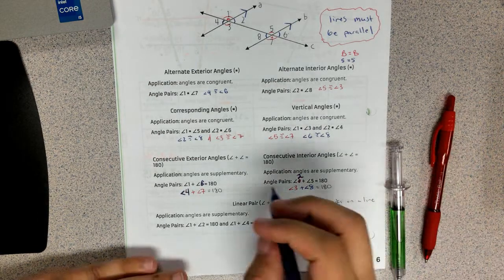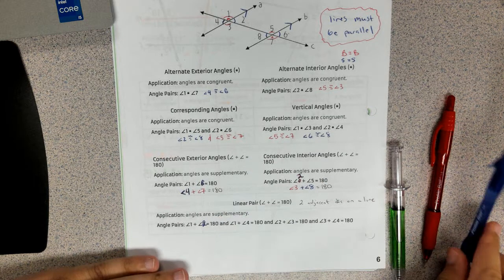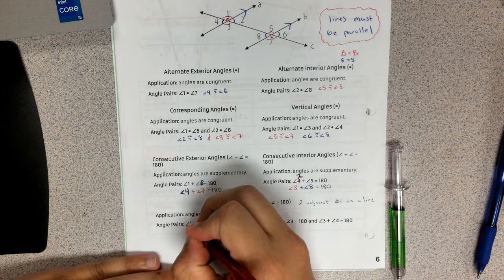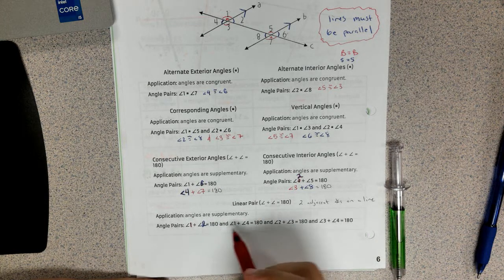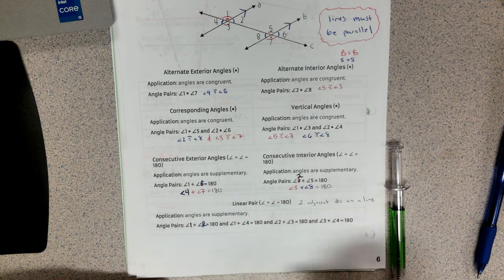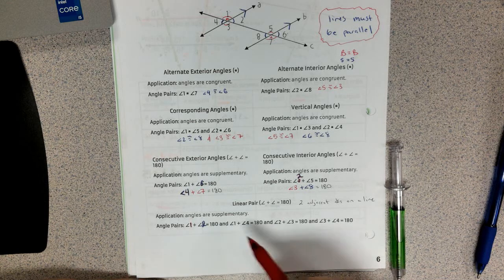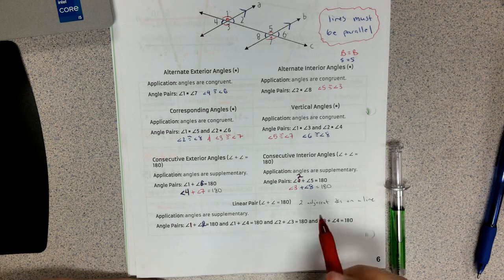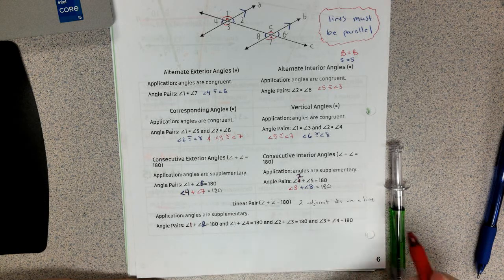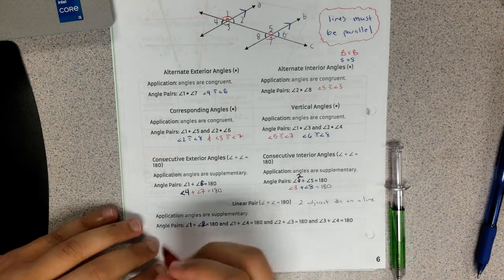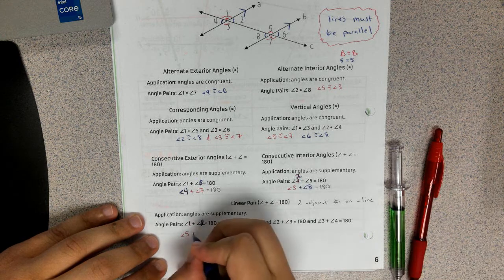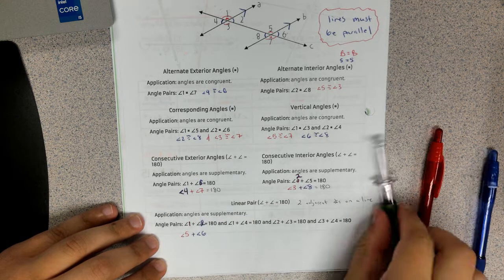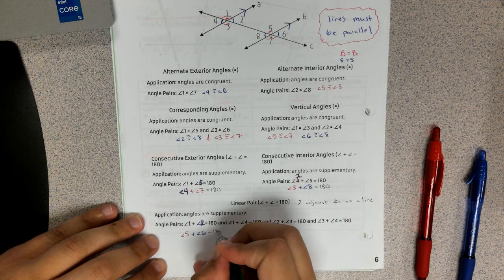How do we know? Well, angle 2 was my acute angle. Angle 1 is my obtuse angle, so obtuse plus acute equals 180 in our case. We see the same thing with angle 1 and angle 4, angle 2 and angle 3, angle 3 and angle 4. And we could say also angle 5 is the obtuse angle plus angle 6, which equals 180.